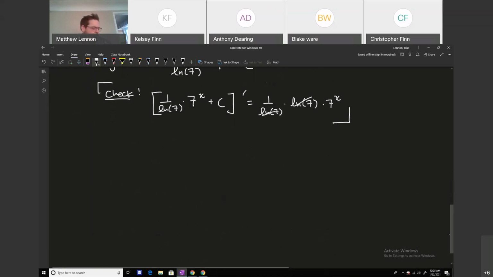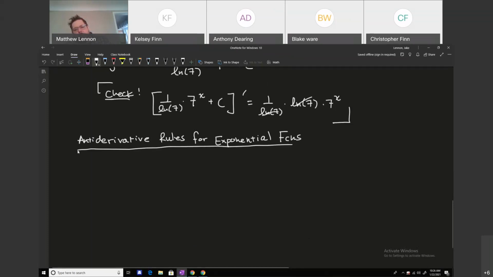So let's write down what these general rules look like. So the antiderivative rules for exponential functions. So first, we have the standard form, the integral of e to the kx dx.